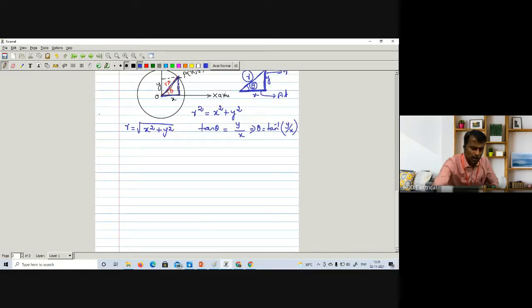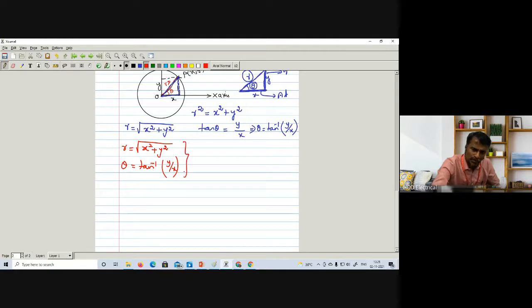So these two formulas, what are all the formulas? Let me write it in red color. r equals the square root of x square plus y square. Then theta equals tan inverse of y by x.